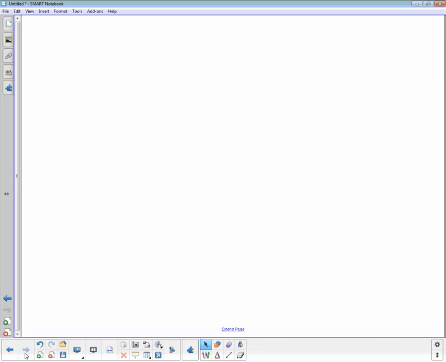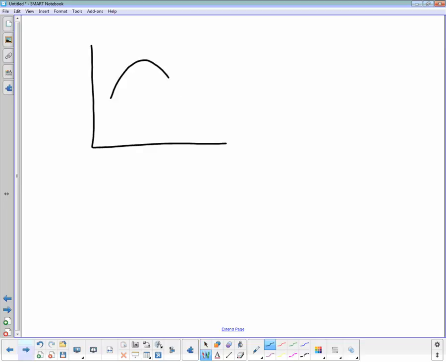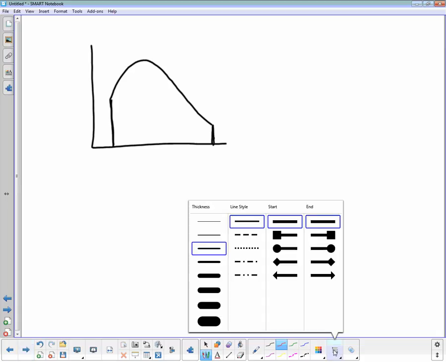So the mean value theorem for integrals, I'll make sure I get my formula. The concept there is that you have some interval and I have an area under this curve.